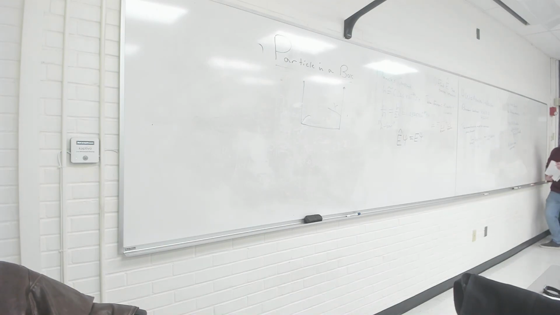And the other one is where K times L is equal to some integer number of pi. Okay? The only other places where this is 0 is where the sine is 0, right?